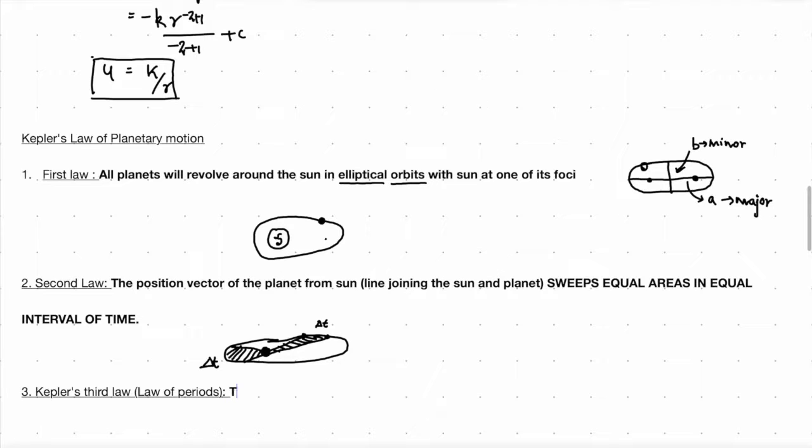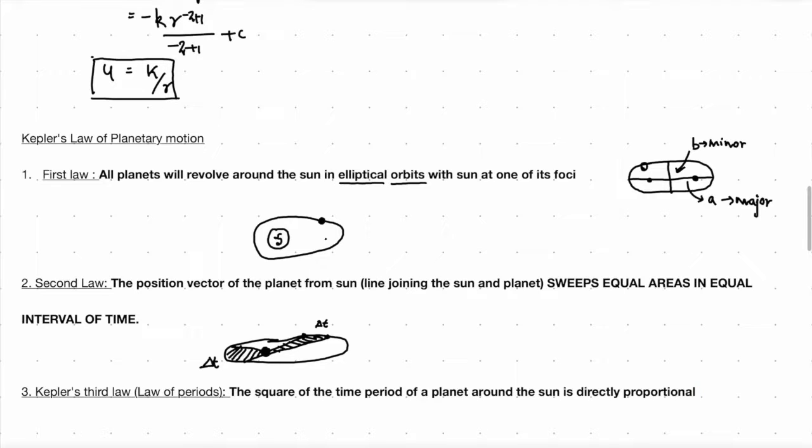It states that the square of the time period of a planet around the sun is directly proportional to the cube of the semi-major axis. Your syllabus has the statement for this, so you should read the statement and remember it. You don't have to write it exactly, but even if you reframe it, it's not going to change much, so you have to more or less remember this.